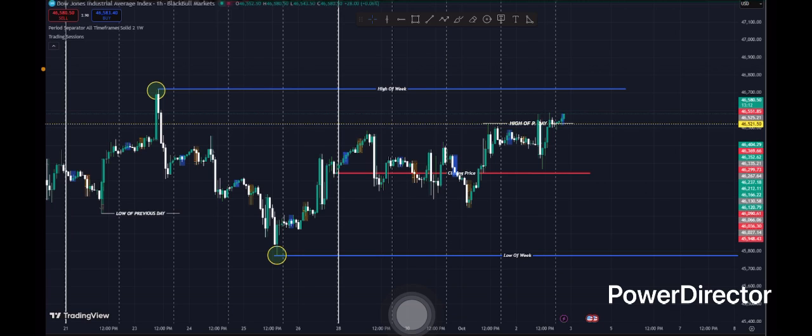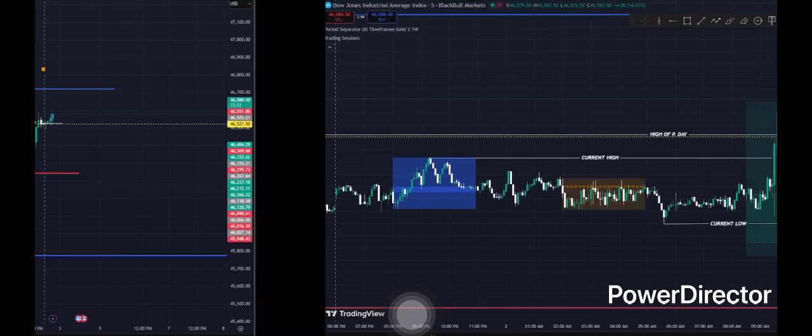That's how I'm tracking the market with these three objective price reference points. And you can see, even though we are inside of the previous week's range, we haven't broken a weekly level. We have broken daily levels on the inside. Right? And so that's what I'm trying to show you with this slide.